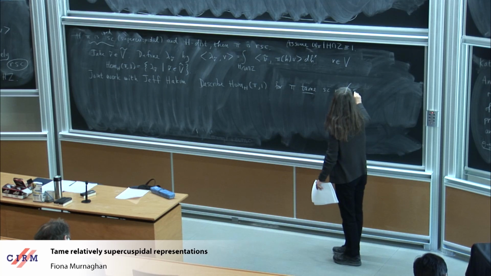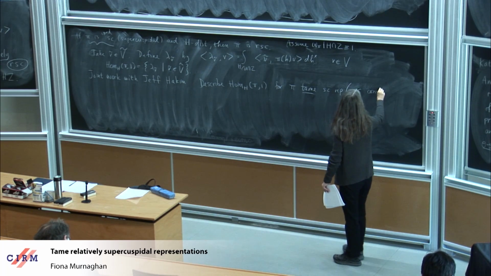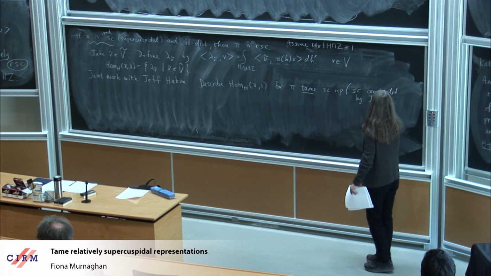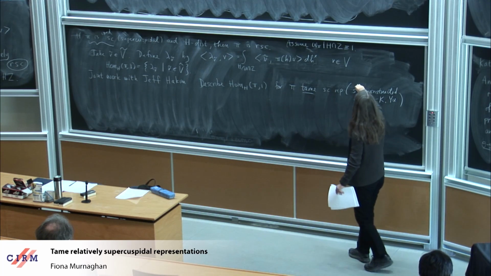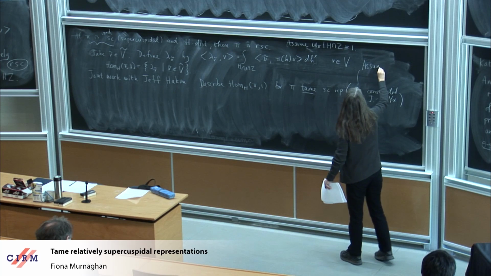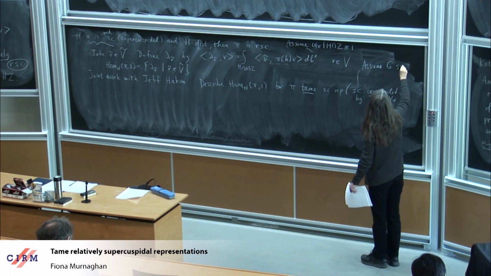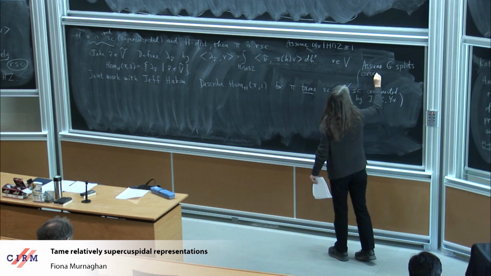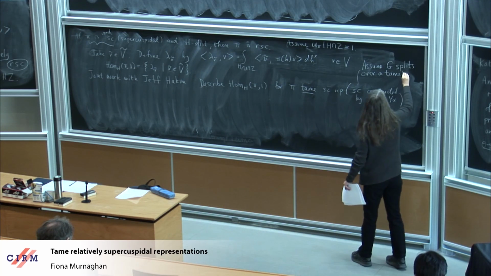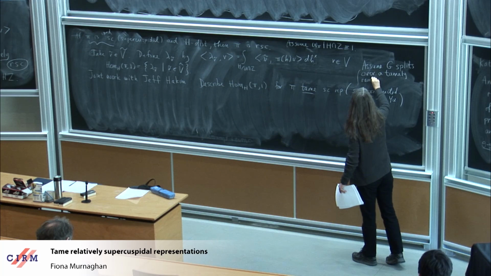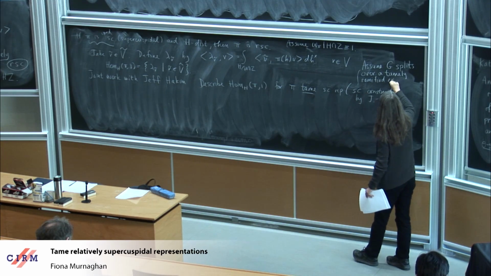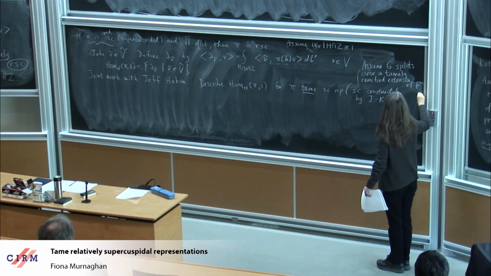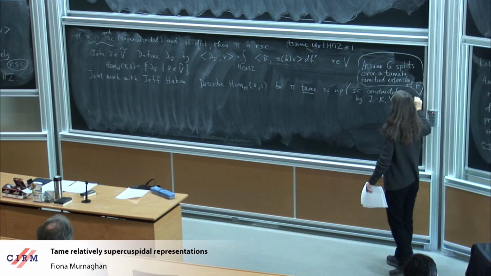Okay, so for this, we need to assume, and I'm going to assume this throughout the talk, that G splits over a tamely ramified extension of the field F. Okay, so this will be throughout the talk.